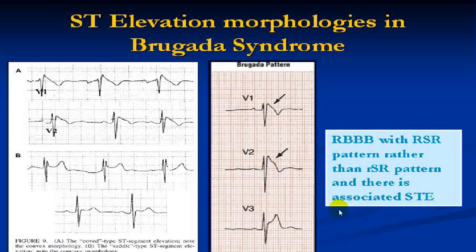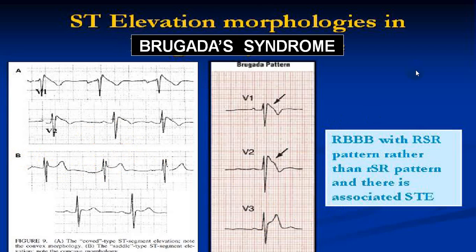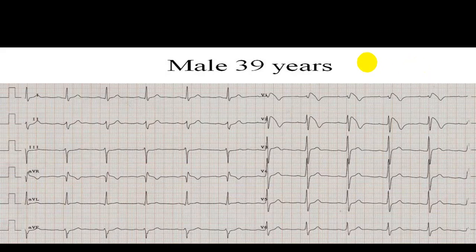The saddleback appearance will be in type 2. Here you can see in V1, V2 and V3, mainly in V1 and V2, the ST segment curved down and a little amount of RBBB pattern.